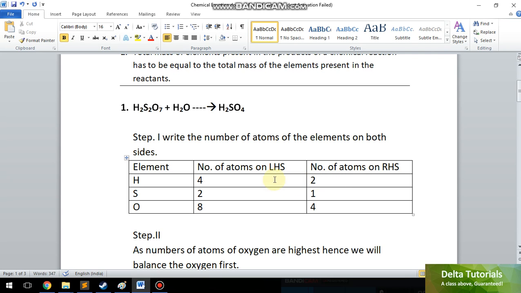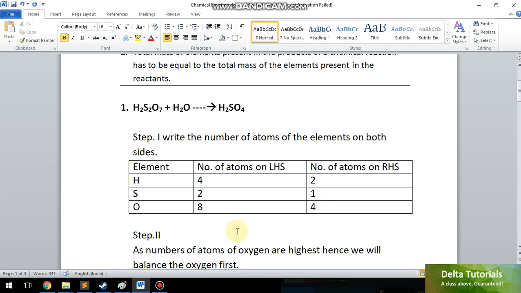We need to make this equal. Now in the case of sulfur, we have 2 atoms of sulfur on the left hand side and only 1 atom on the right hand side. Similarly, O7 and O means a total of 8 atoms of oxygen on the left hand side, and on the product side 4 atoms of oxygen are present. So we need to balance these numbers.